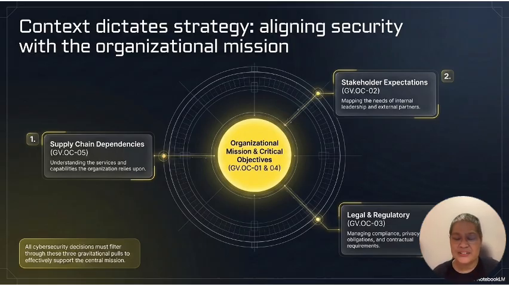The second is your stakeholders' expectations, right? What do the internal leadership and external partners require? Meaning, what do the executives and higher management expect, right? And of course, there are external partners, business partners. The third is always legal and regulatory obligations, right?